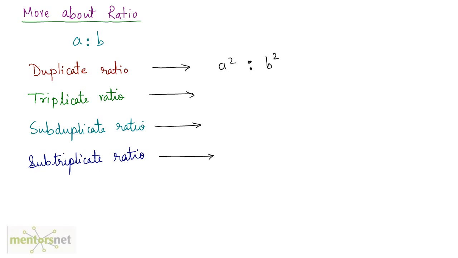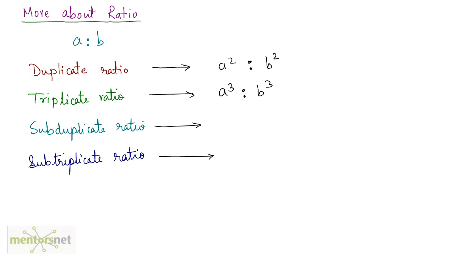So if the numbers are a and b, the duplicate ratio is a square is to b square. In similar fashion, the triplicate ratio of those numbers is equal to the ratio of their cubes. So we have a cube is to b cube.